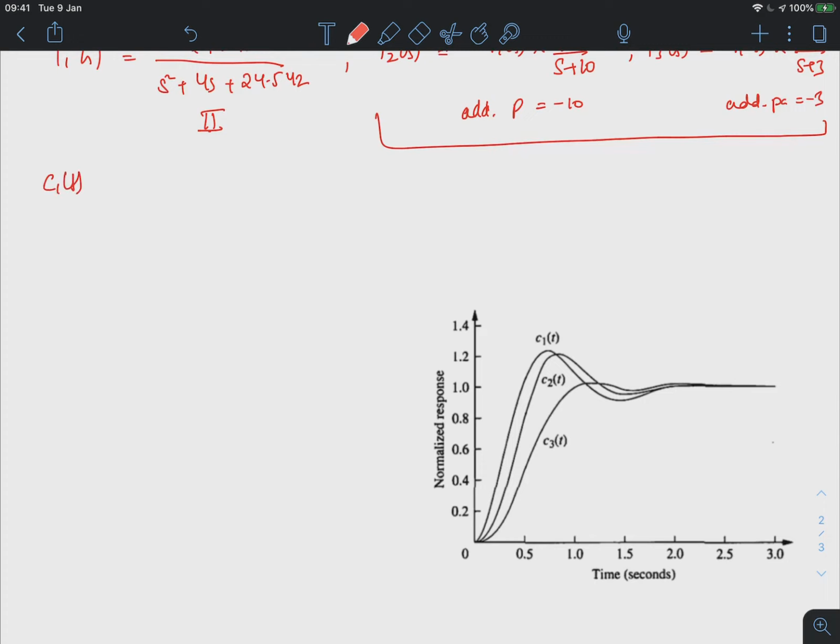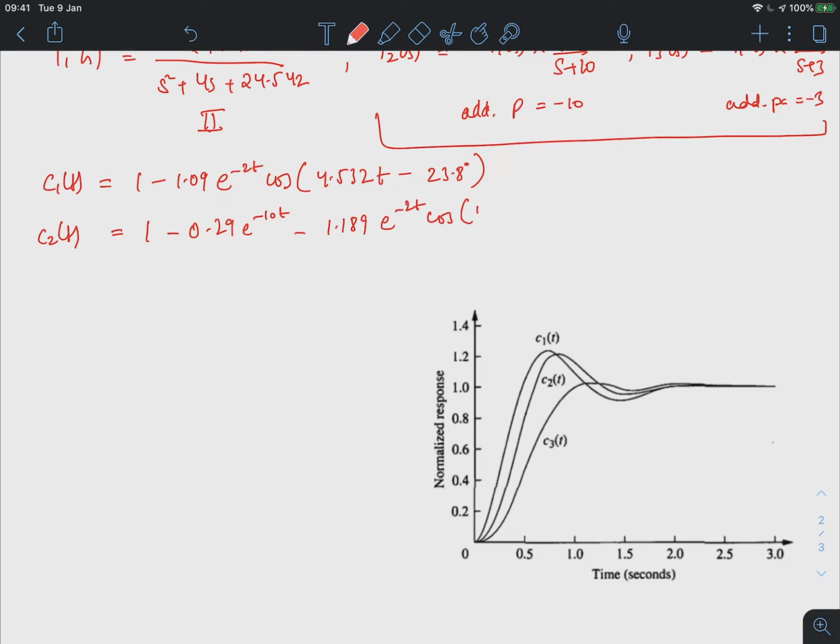C1(t), if I compute the response, would be given by 1 minus 1.09 e to the power minus 2t cosine 4.532t and so on. In C2(t), we have an additional term because of the exponential term, and in C3(t) again we will have some additional term because of the pole located at minus 3.